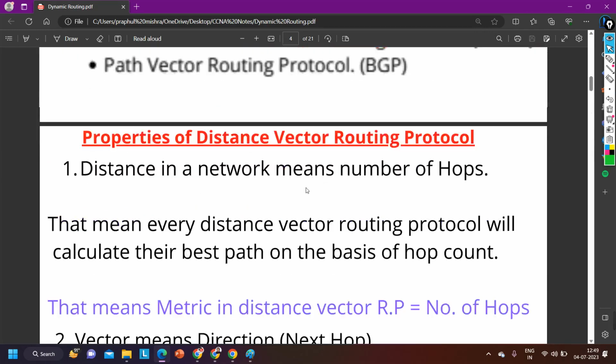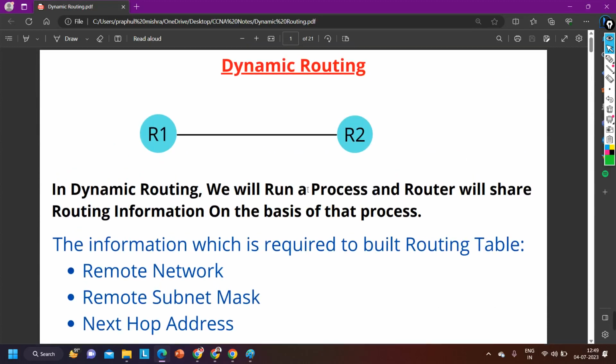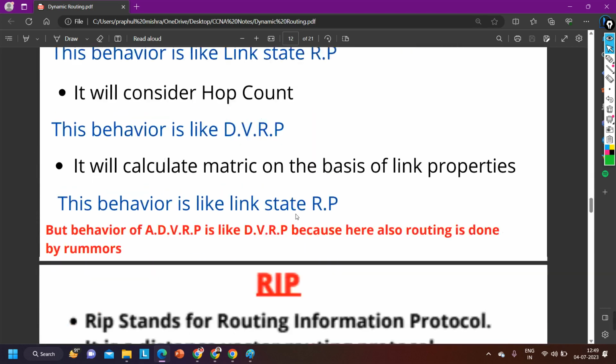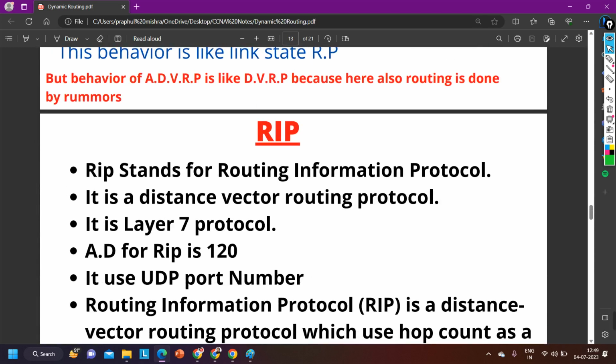Yeah. So please read this file, read your book, and try to understand the properties of each dynamic routing protocol. Guys, dynamic routing is very important in CCNA. For the next 20 to 30 days, we are going to understand routing protocols only.